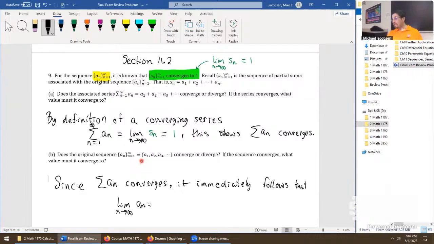Good call, it's got to be exactly 0. So that tells us it converges, and it tells us even more, it's converging to 0. That's essentially what the test for divergence was all about.